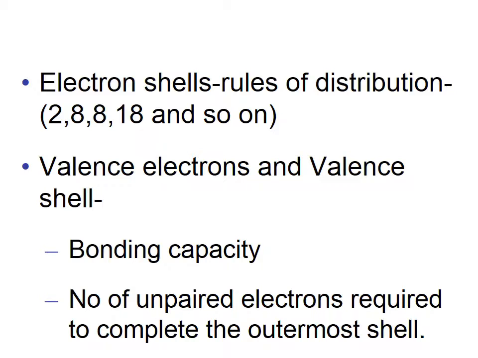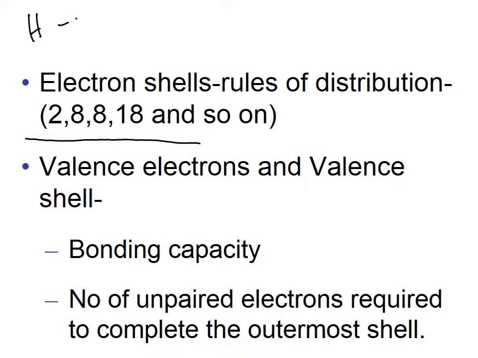Okay, so the rules of distribution I already explained to you. Now this gives you an idea of what the electrons do in order to achieve stability in each of their orbitals. For example, I have hydrogen.